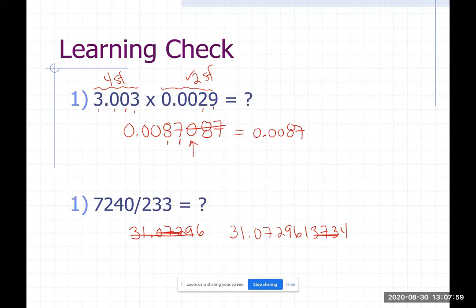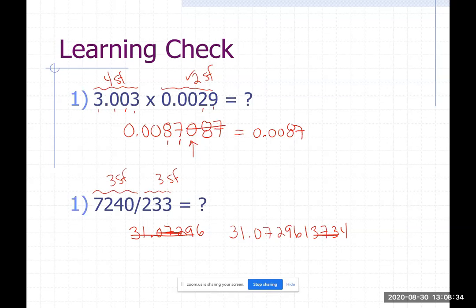I want to make sure that I know how many significant figures I have here. There's no decimal in 7,240, which means that trailing 0 does not count. So I have 3 sig figs because I have 3 non-zero digits there. In 233, they're all non-zero digits, and they all count, so I have 3 sig figs there. Because it's a multiplication division rule, my answer is going to contain the same number of significant figures as my data value with the least number of significant figures, and they're both the same.